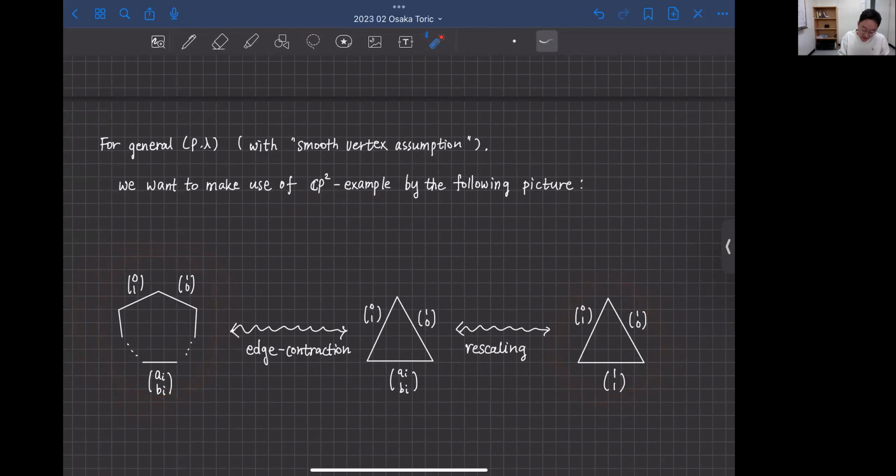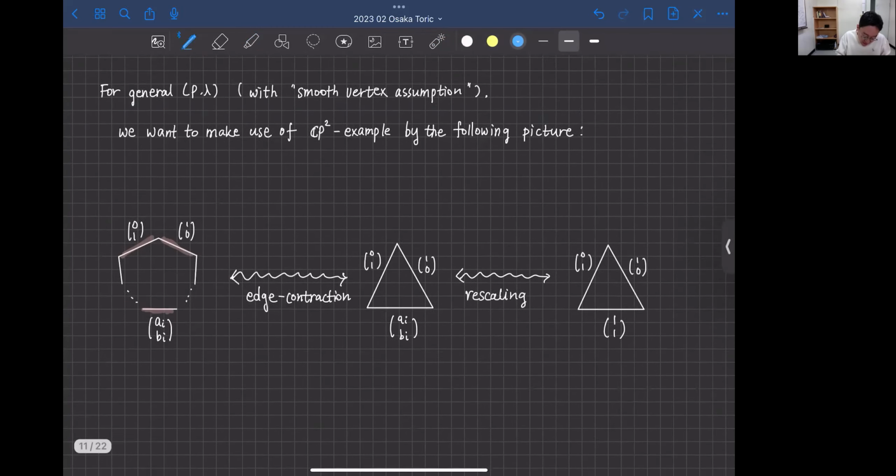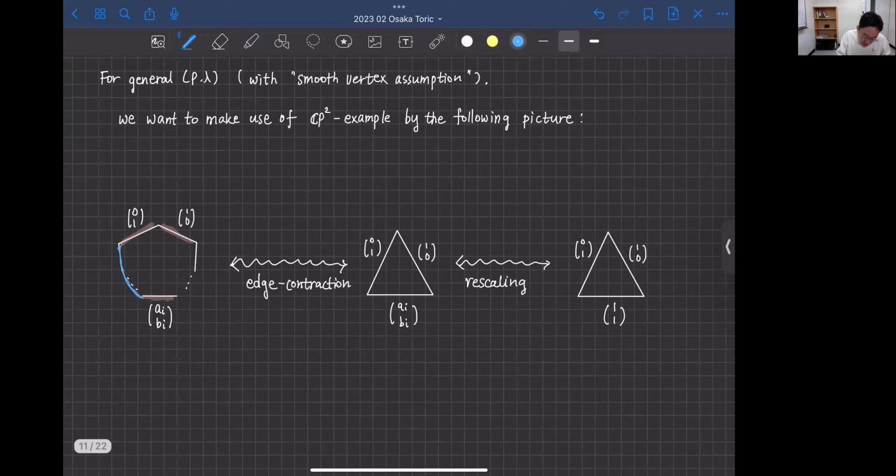So first you think about the edge contraction. Let me draw some picture. My edge contraction means I'm just looking at this edge, this edge and this edge to get a triangle. And then I'm going to collapse all the other unnecessary edges, like this part to this vertex and this part to this vertex.